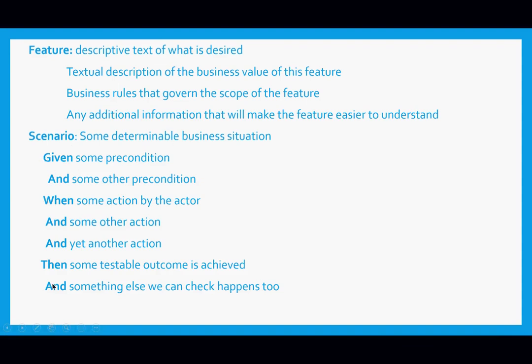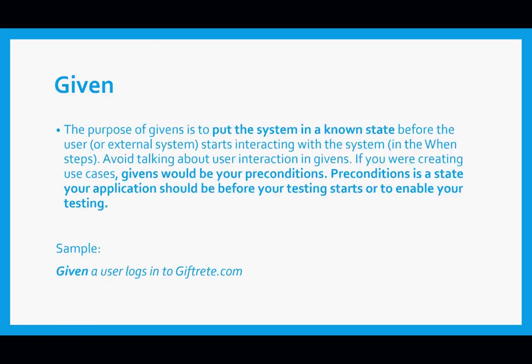But anything from your Given to your Then is going to be translated into a step definition. So in this particular instance, you have 1, 2, 3, 4, 5, 6, 7 different step definitions that need to be created for this test.